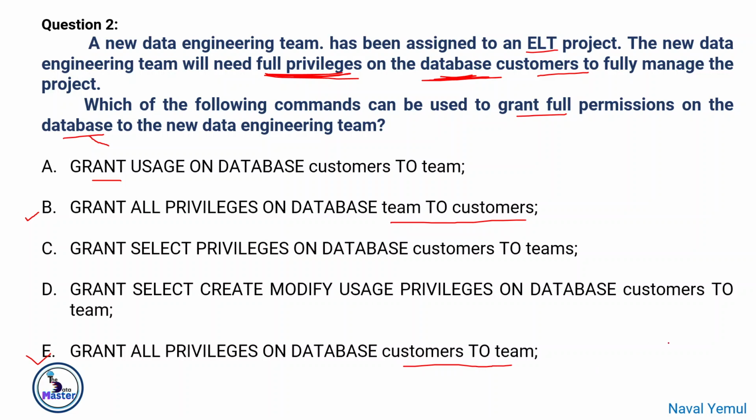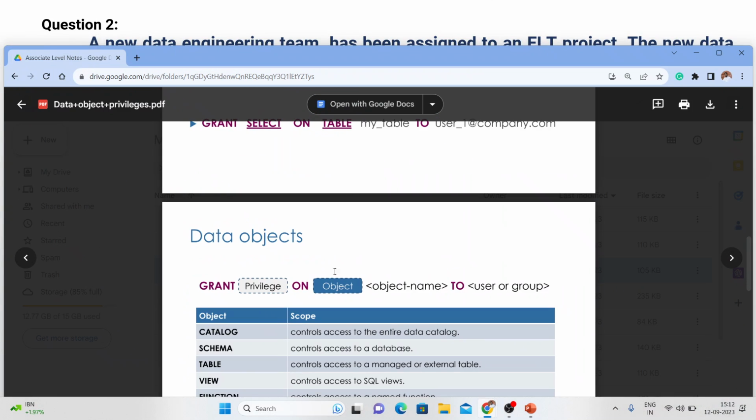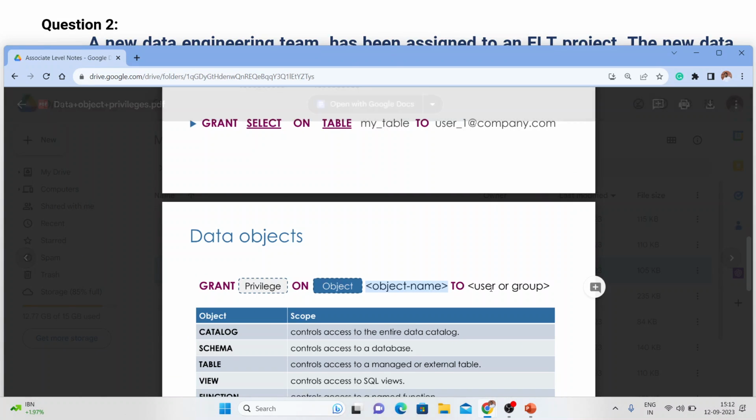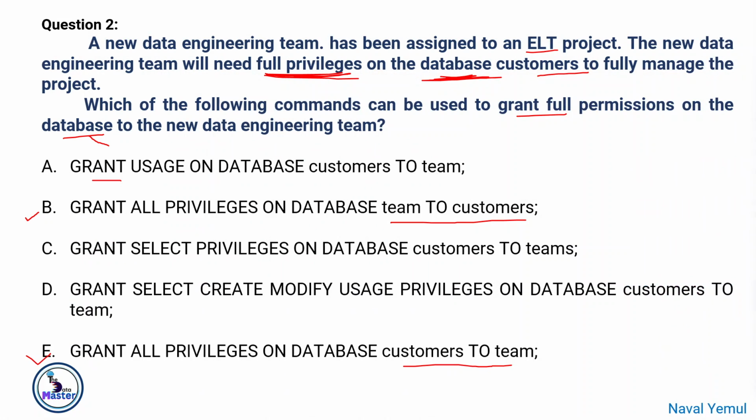As I've told you, if you look at the documentation, let me show you the documentation once again. Here it is: the object name, to the specific user or a group of users. Find out who is the user and who is the group. Here it is engineering team, so the team should be at the end. The table name or the database name would be customers.